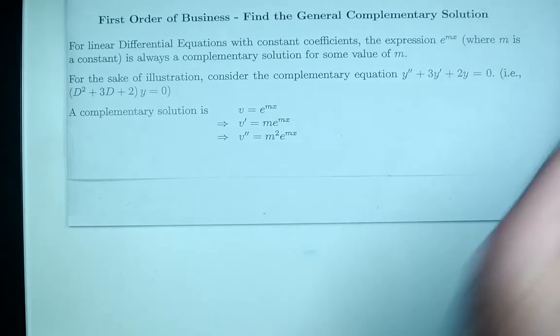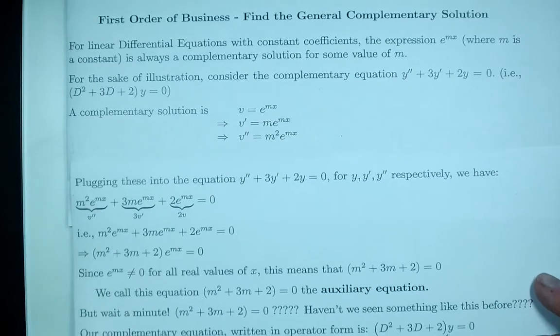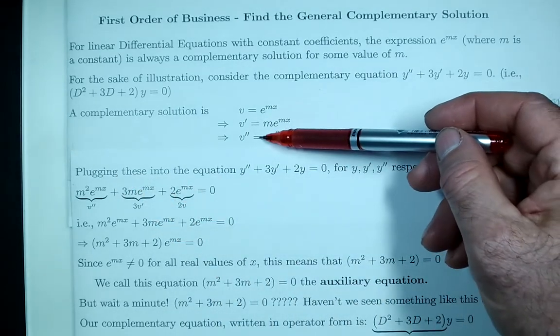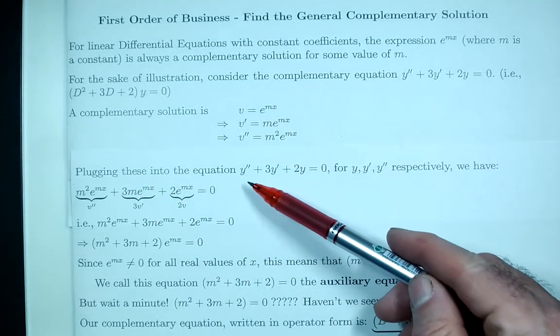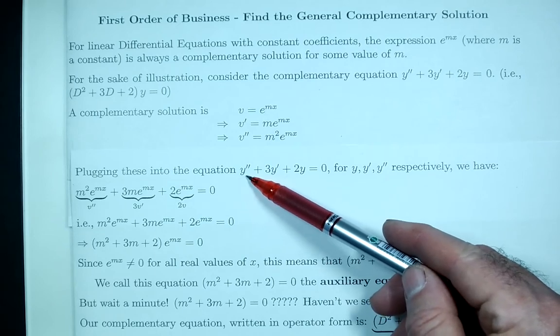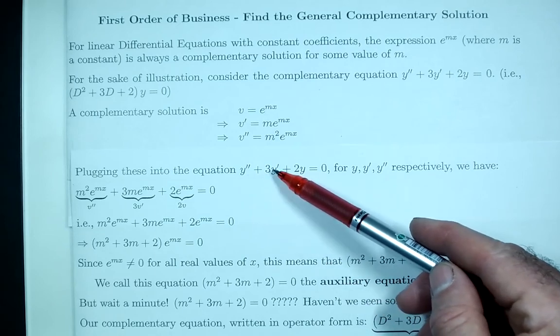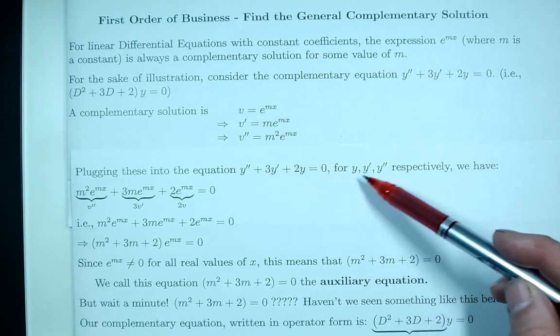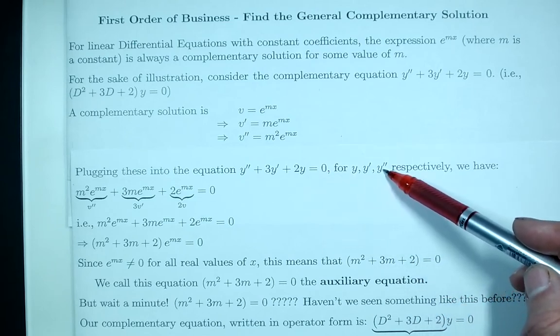Now, here's what we're going to do. We're going to plug these, v prime and v double prime, into the equation y double prime plus 3y prime plus 2y equals 0 for y prime and y double prime respectively.